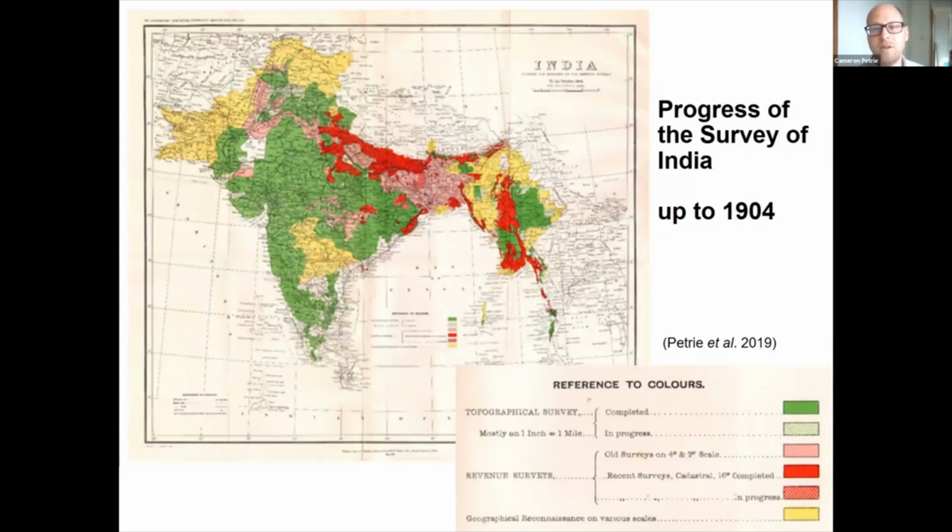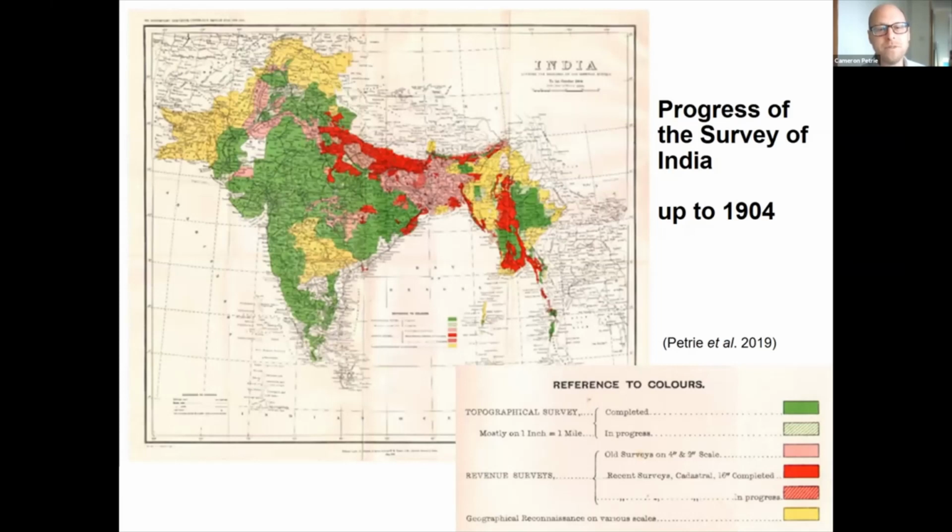So there are many maps that have been published that show the progress of these surveys over time. This map is an illustration of the progress of various surveys of different types. The topographic surveys are shown in green, and the revenue surveys are in red and pink, showing the intensity of the survey and the work.